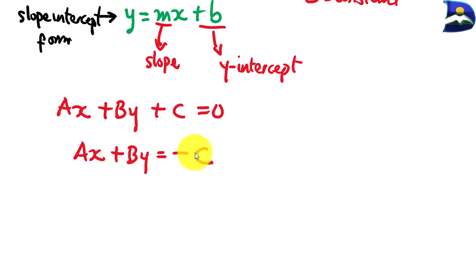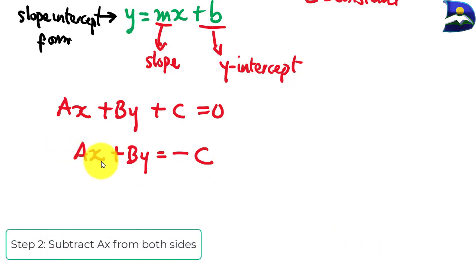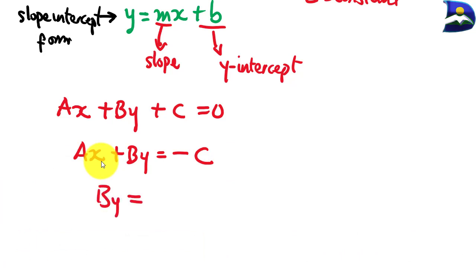The next step is to move something that is not y, in this case ax. So positive ax is moved to the other side of the equal sign, which means subtracting ax from both sides. Therefore, we have by is equal to negative ax minus c.